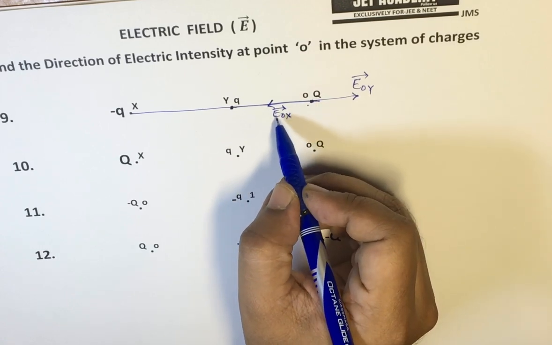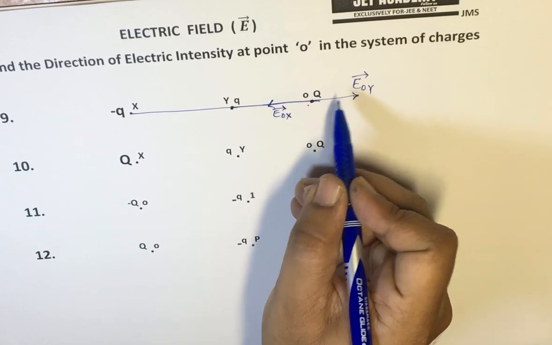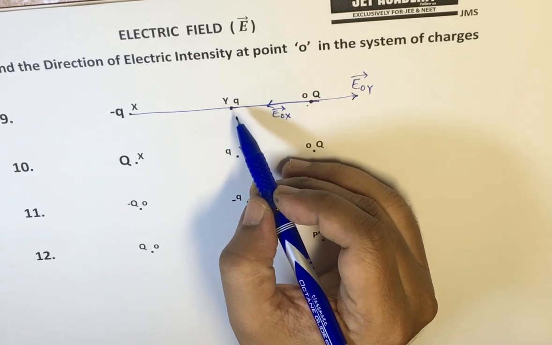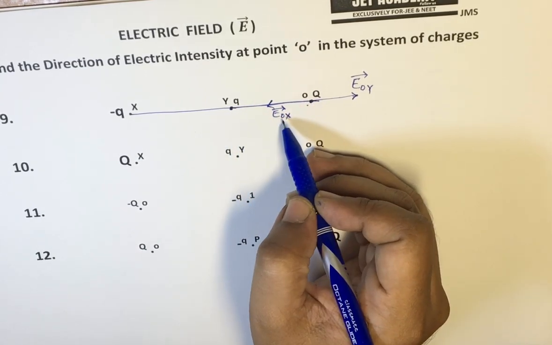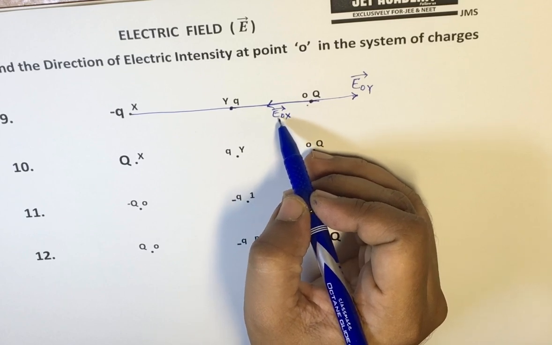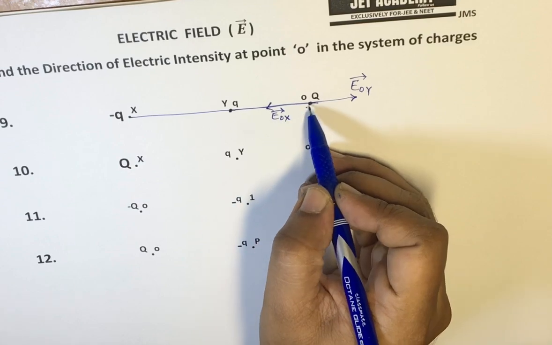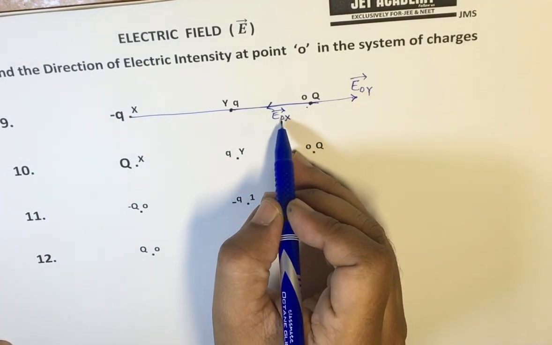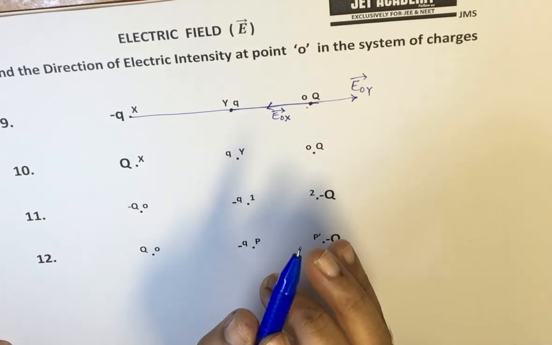Because by writing these subscripts, I can say that EOY is the electric intensity at O due to the source charge Y, and we can write EOX, which is the electric intensity at O due to the source charge X. That's why the notation of electric intensity is very important, to understand the derivation also.